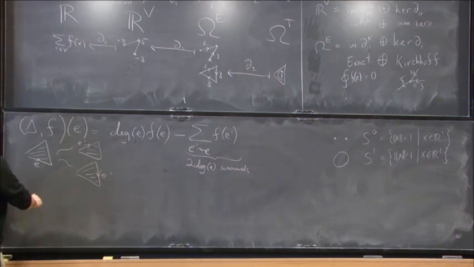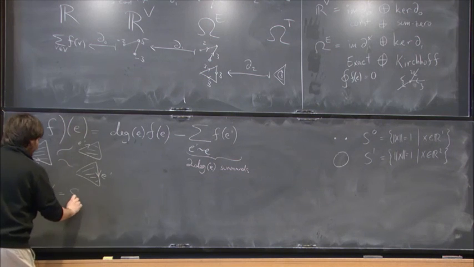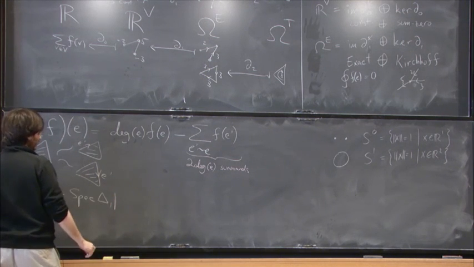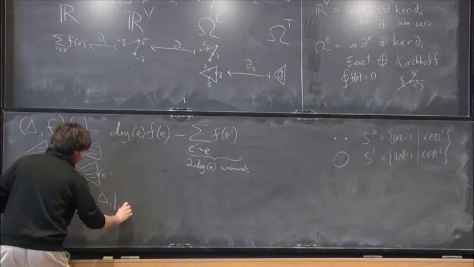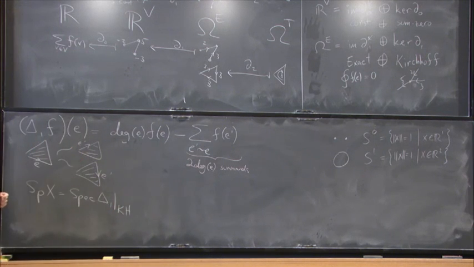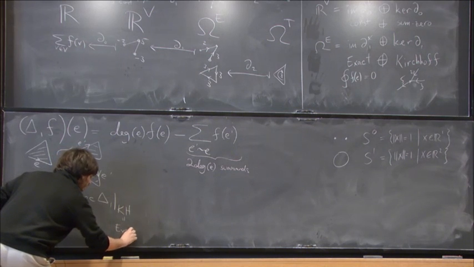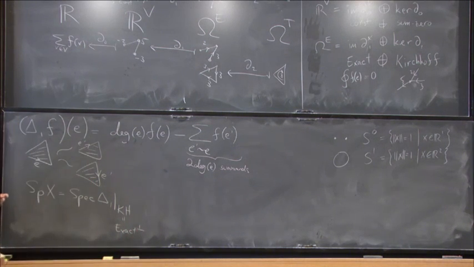Okay, and like we said, the interesting spectrum of the graph is the spectrum of the Laplacian restricted to the Kirchhoff. So why Kirchhoff? Because this is the orthogonal complement of the exact functions.